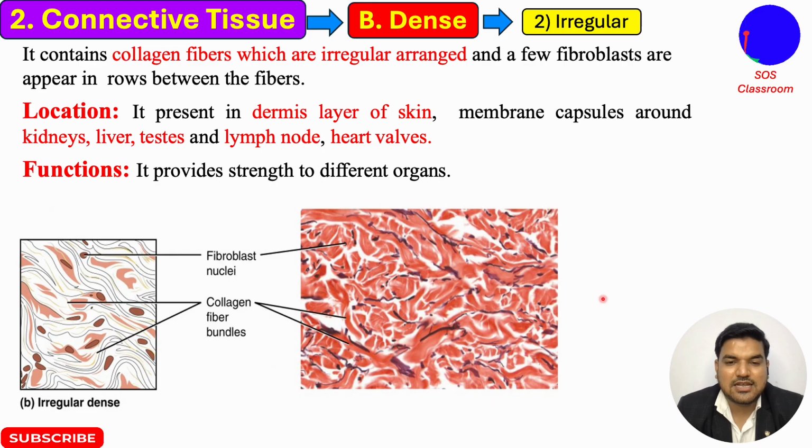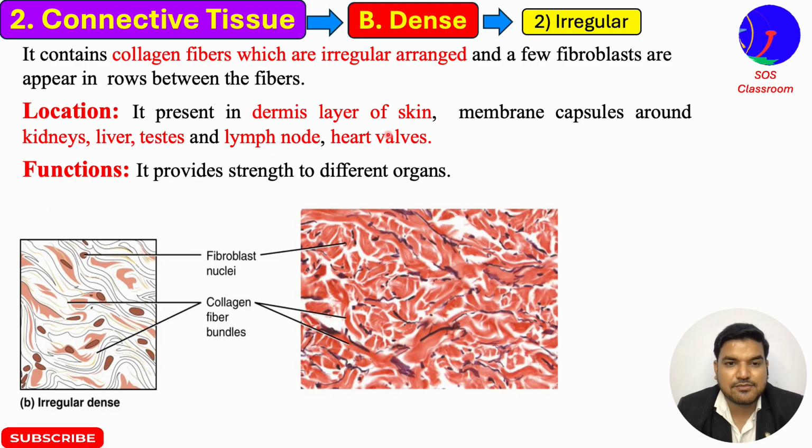Next is the irregular connective tissue. Irregular connective tissue means the collagen fibers are arranged in an irregular manner, not in a parallel pattern. And fibroblasts appear in rows between the fibers. You can see these are the fibroblasts and collagen fibers arranged in an irregular pattern.